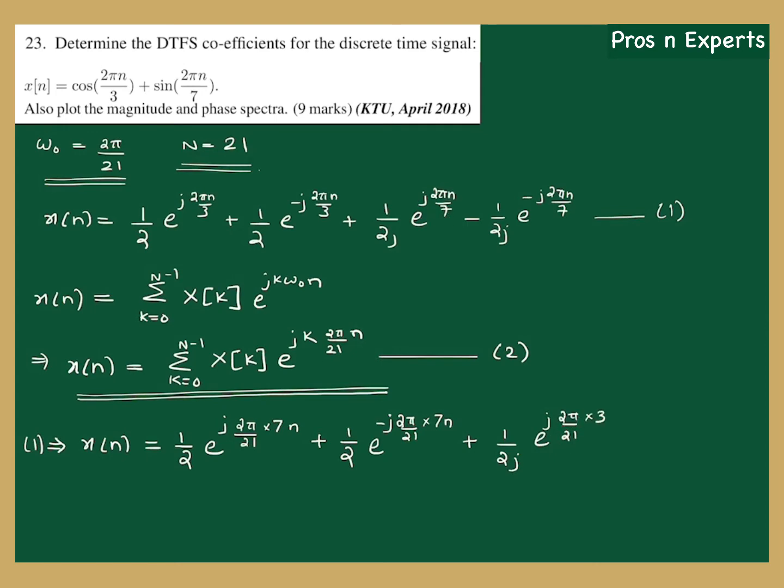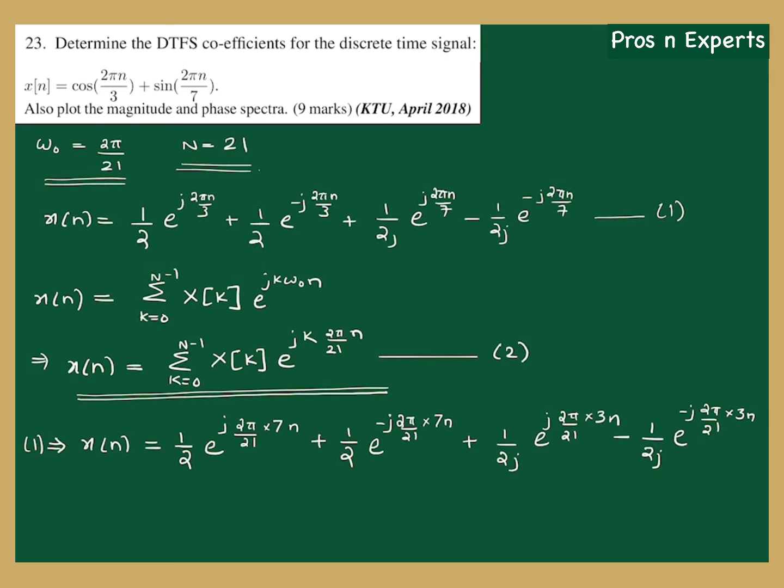So e raised to j 2 pi by 21 into 3n, minus the last term, 1 by 2j e raised to minus j into 2 pi by 21 into 3n. Here also n is there. So I have changed equation number 1 in this form. In the exponent I have multiplied by 7 in these two terms and by 3 in these two terms.